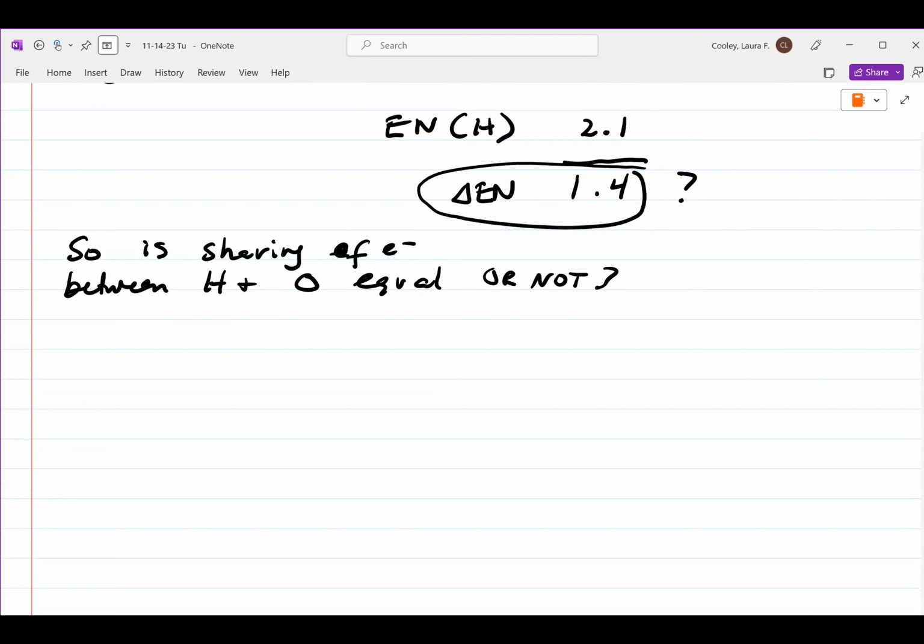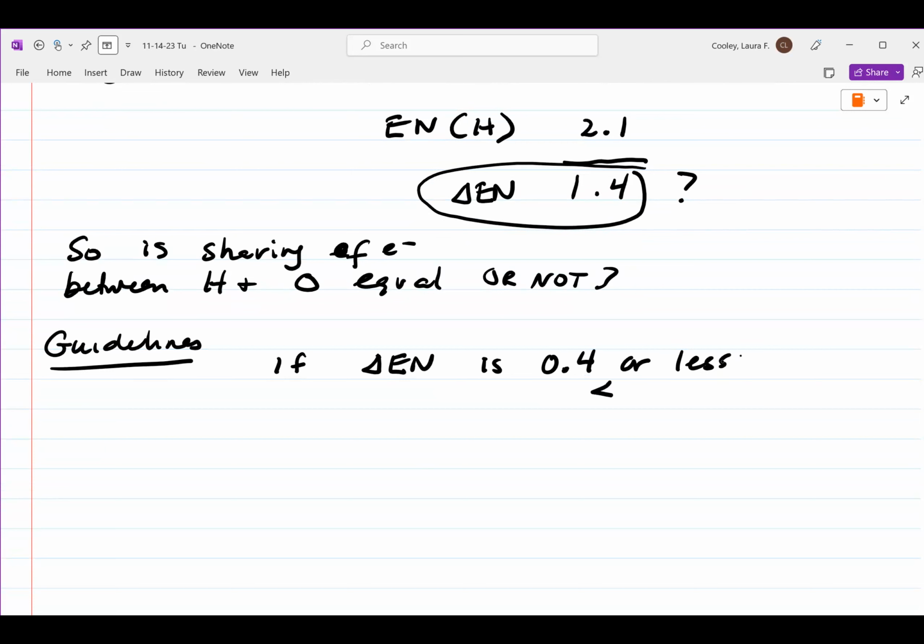So, okay, we have these guidelines about differences in electronegativity. If the difference in electronegativity is 0.4 or less, so less than or equal to 0.4, then we say the sharing is relatively equal.